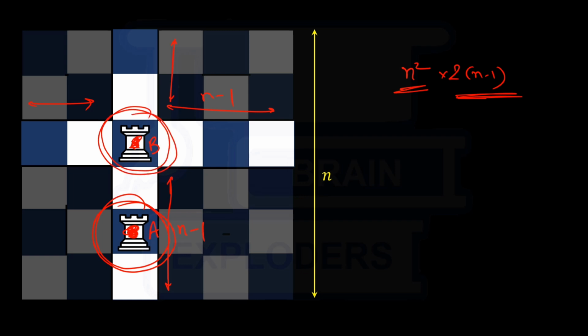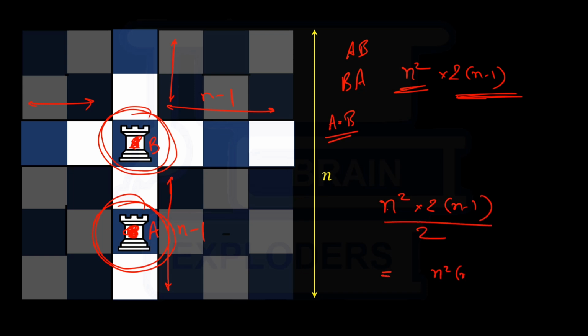So we have counted AB and BA both, but they should be counted as only one possibility. So we get n squared times 2 times n minus 1 divided by 2, which equals n squared times n minus 1.